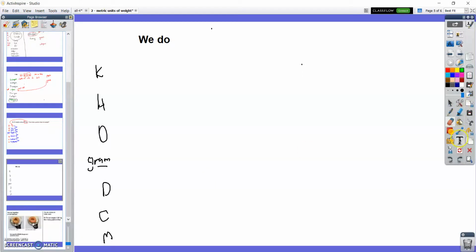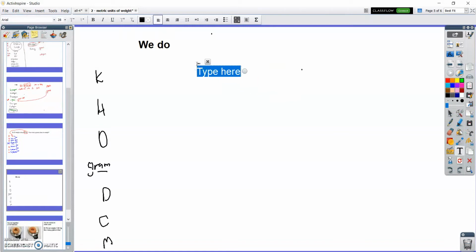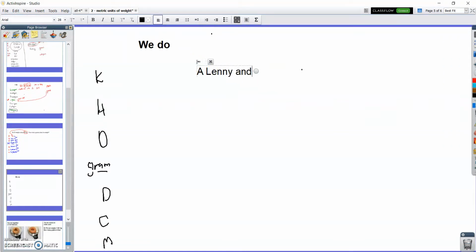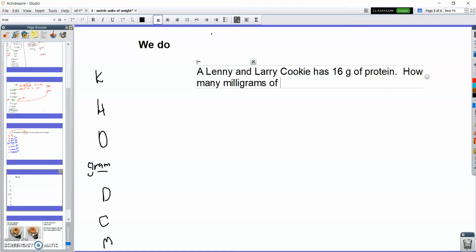So a Lenny and Larry cookie, that's the brand name, has 16 grams of protein. How many milligrams of protein is that?